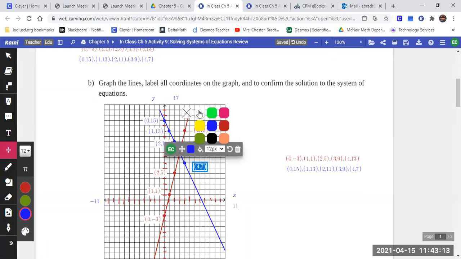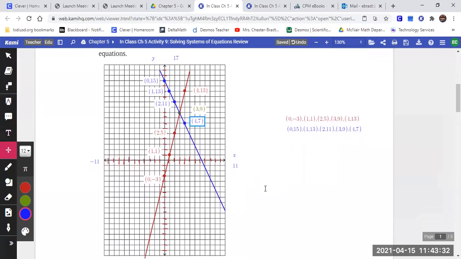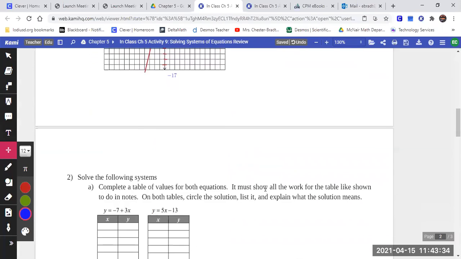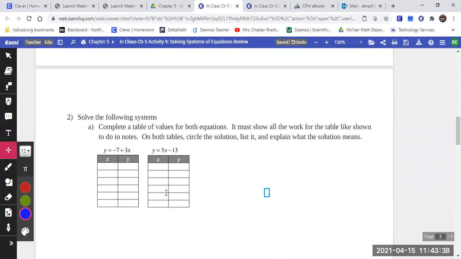Did our graph confirm our calculation that we did in part A? Did the graph confirm the calculations from part A? Yeah, okay. So you're going to repeat the same process, and you're going to do number 2 on your own outside of class. Couple things.